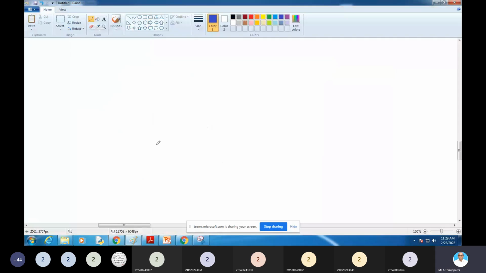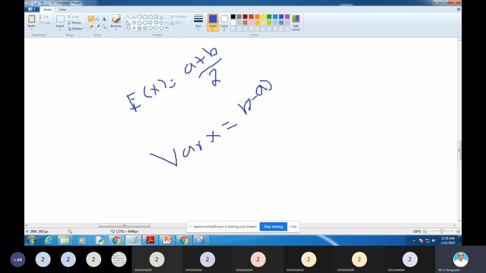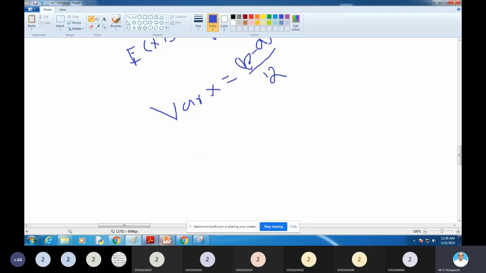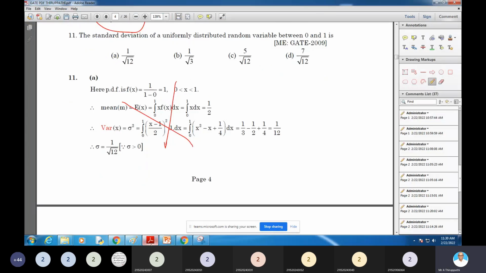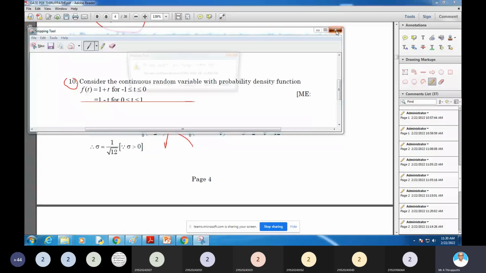First, the mean of the uniform distribution, E of x, is equal to a plus b by 2. Variance of x is equal to b minus a the whole square divided by 12. Now, what is the problem given? F of x, the uniform distribution, varies from 0 to 1.